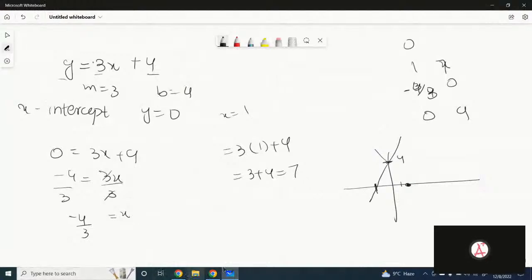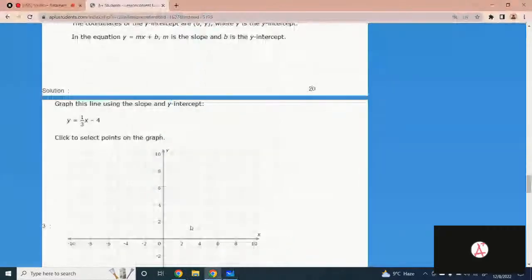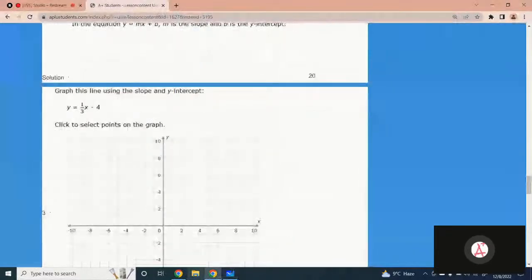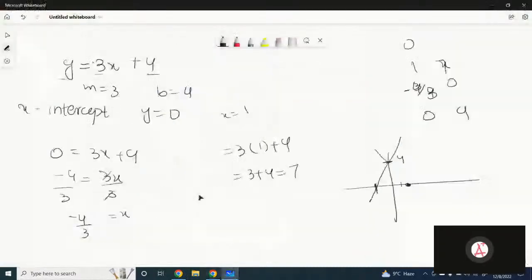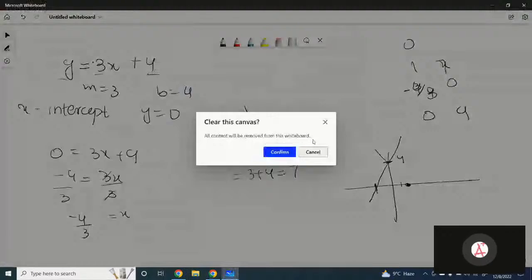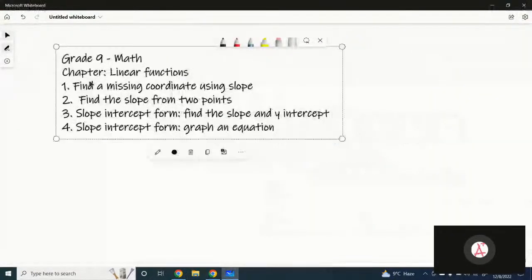Okay. I've just been left with one of the questions and it is already solved. So you have to do the rest of the questions by yourself. Got it? So here is the list of the lessons we have covered today. We are working on the chapter linear functions.